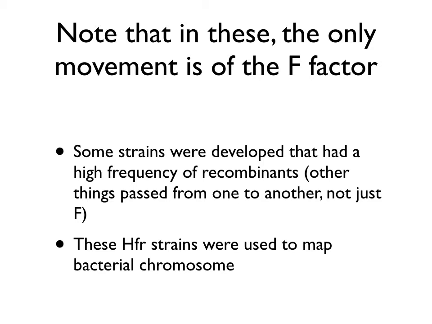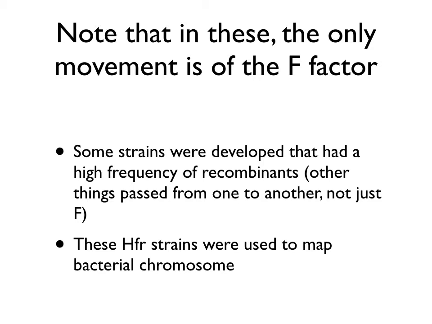But what was interesting when scientists realized how conjugation worked, they started to notice that on occasion, some strains that they had in the lab had a high frequency of recombination. Okay? So things were changing in the recipient cells, not just the presence or absence of an F factor.